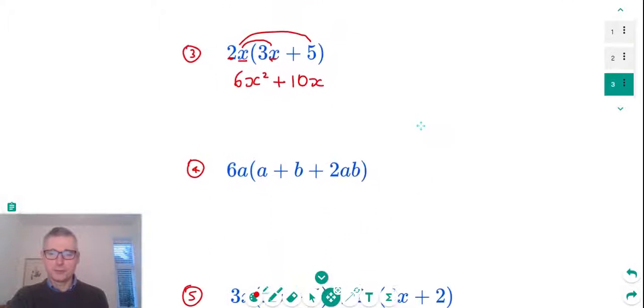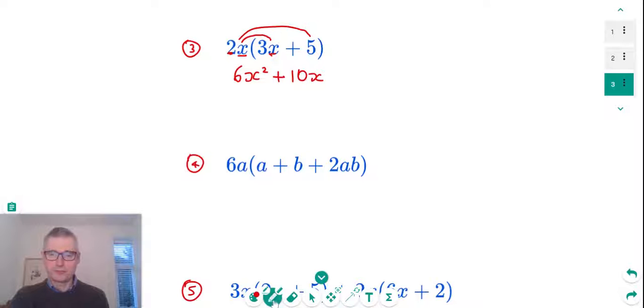So moving on, we've got question 4 that I've made up. So slightly more complicated again. This time we've got 6a outside the bracket. So 6a has to multiply everything that's inside the bracket. First of all, 6a times a.